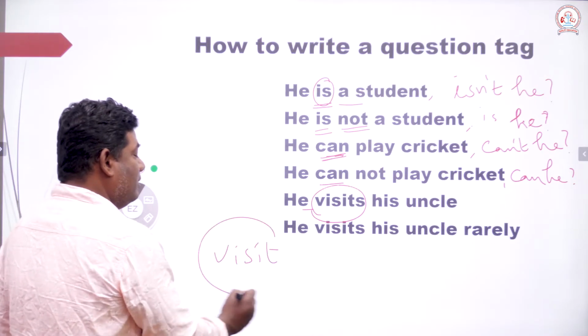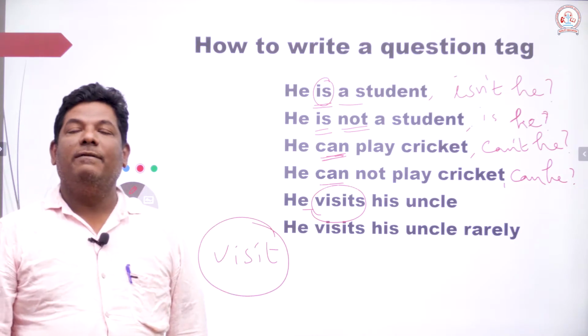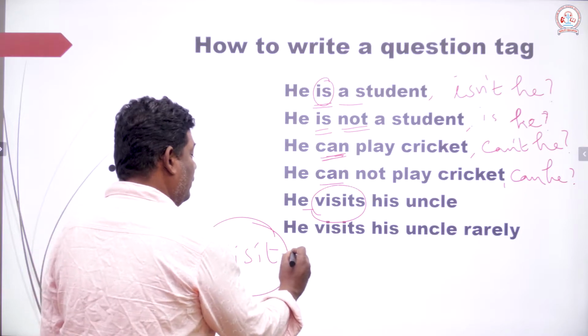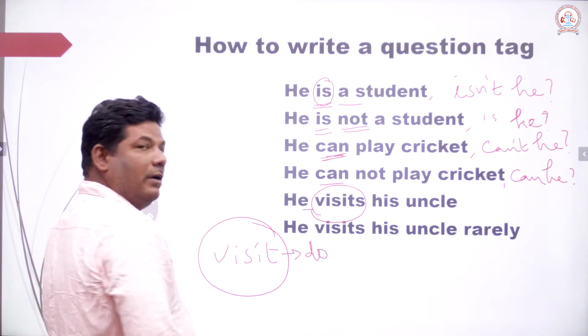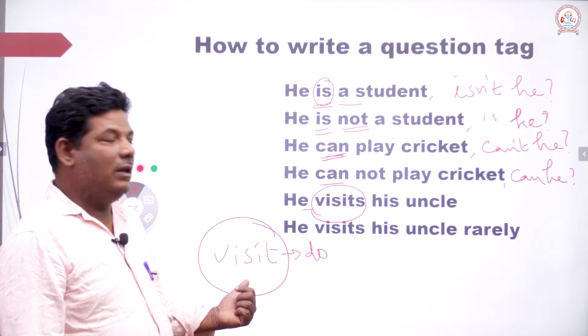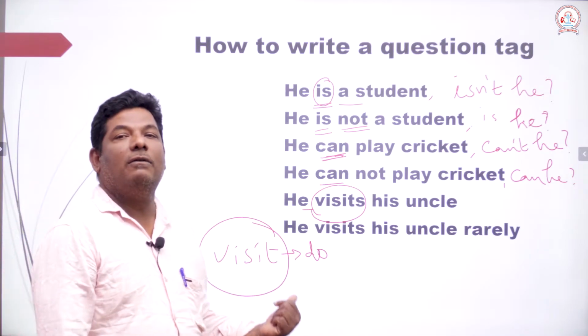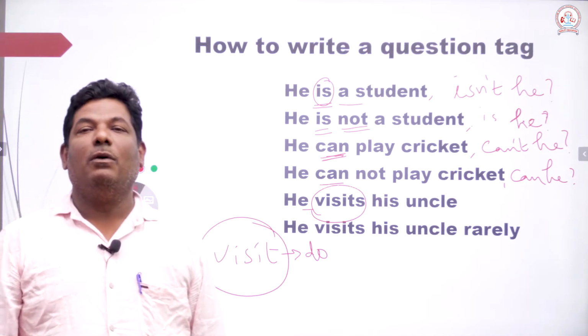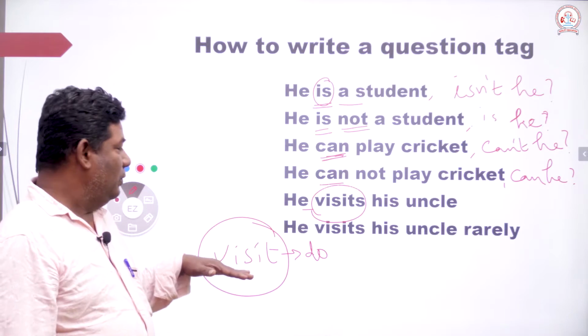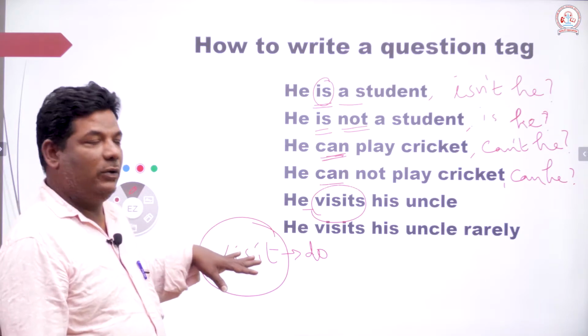If it is visit, we have do. The do form verb is hidden in visit, in the present form of the verb. In any present form of the verb, we have do, right? Do is the auxiliary verb that we have to use.